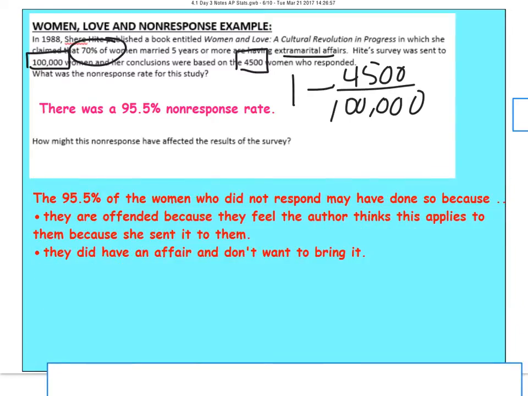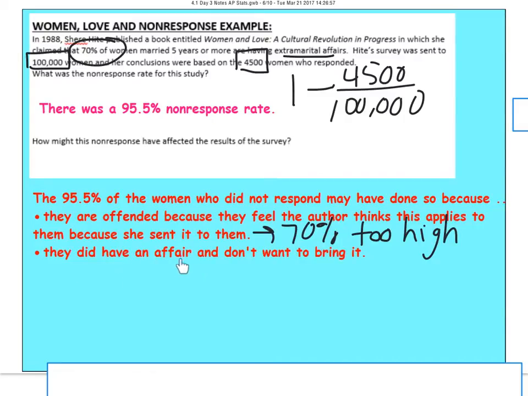So if that's the case, here's what you're going to see. If they are offended because they feel the author thinks that applies to them and she sent it to them, then what about that 70%? Is the 70% too high or too low? In this case, the 70% would be considered too high because these ladies didn't respond and they would have brought the response down to a lower percentage.